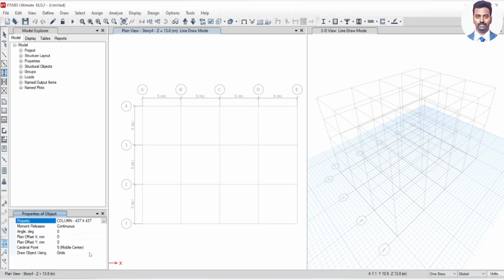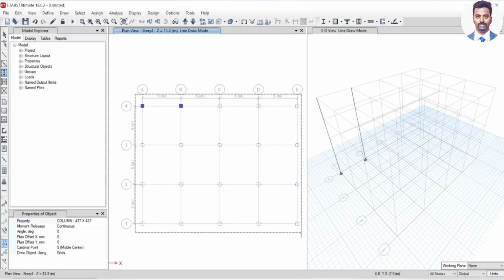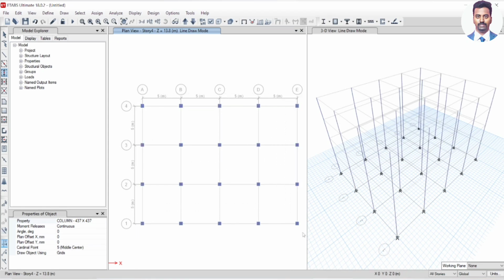here you can see the column property for all the stories. We can provide the column. It's a simple way where you can provide for all the columns in an object using the grid. So you can draw with this.